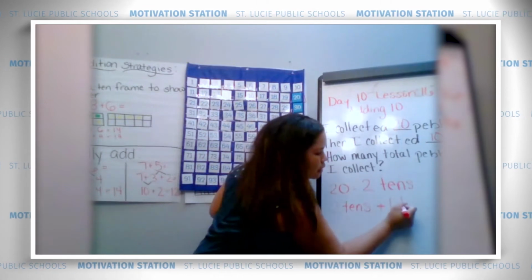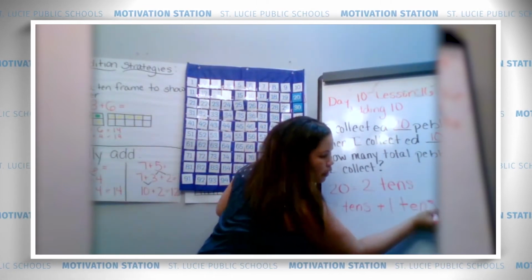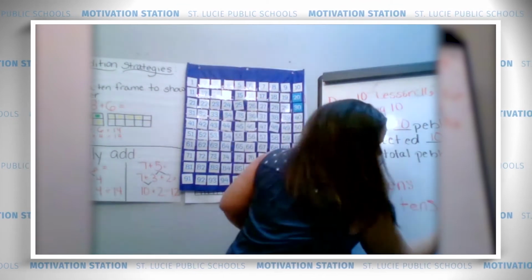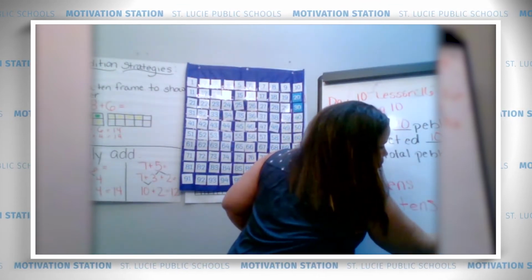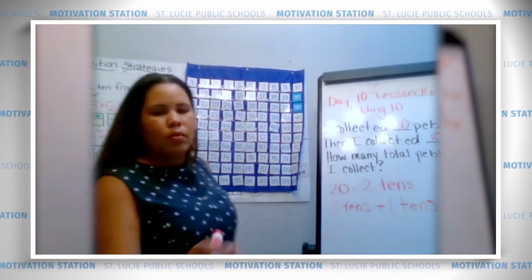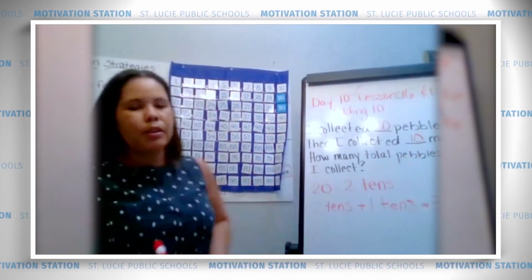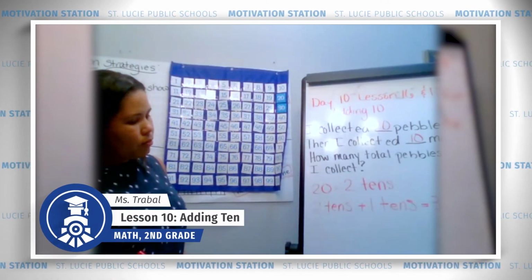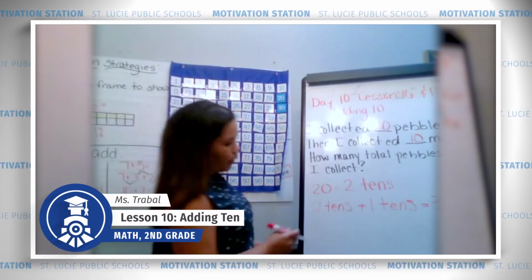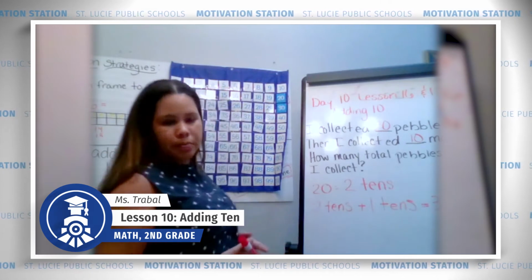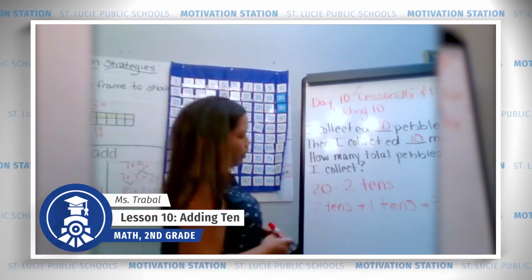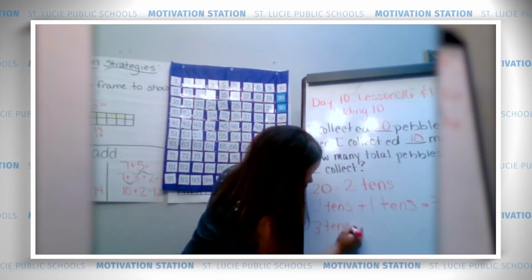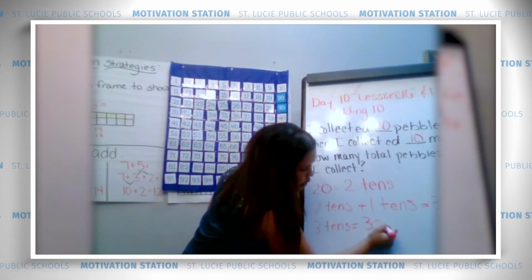Excellent. So 2 tens plus 1 ten equals 3 tens. So we know that 3 tens is how much? Good. What number is 3 tens? 3 tens is the same as 30.